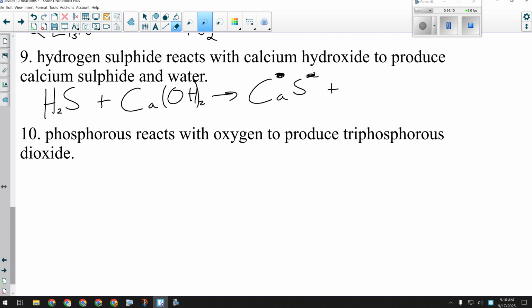If you're making water and you've got hydroxide and hydrogen that are separate in the reactants, it's way easier to track where everything goes by writing water like it's an ionic compound. Obviously it's not, but we can write it that way and make it easier for us to track everything when we're balancing.